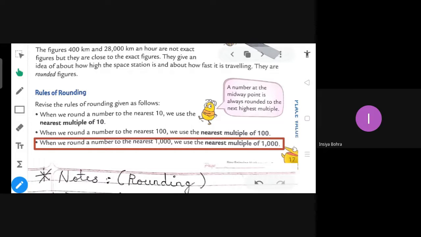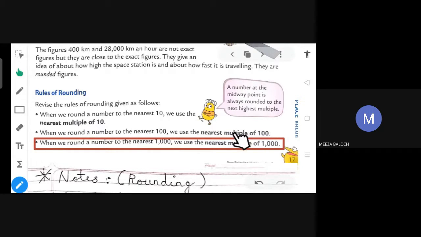And what was question 2? Round to the nearest hundred. And question 1? Round to the nearest ten. So question 1 was round to the nearest 10, question 2 nearest 100, and now question 3, round to the nearest 1,000. We have already finished question 1 and 2. Now we have to solve question 3. That's why I'm explaining this.